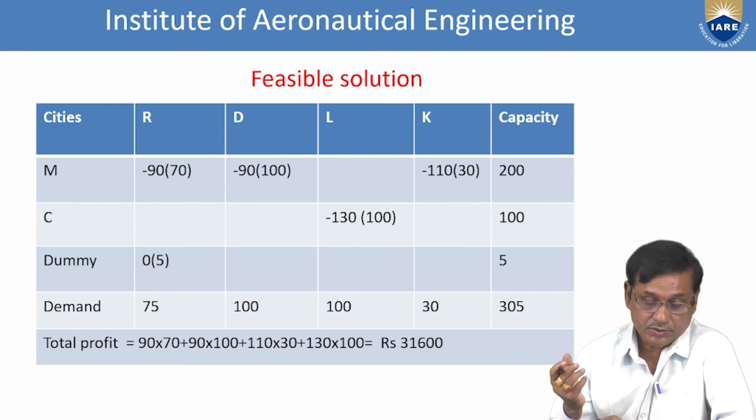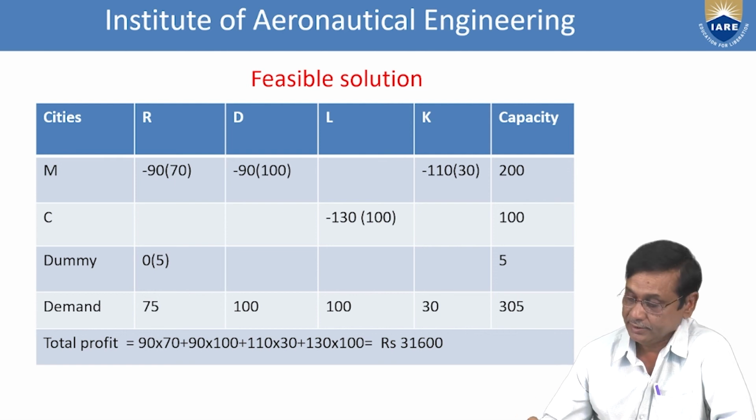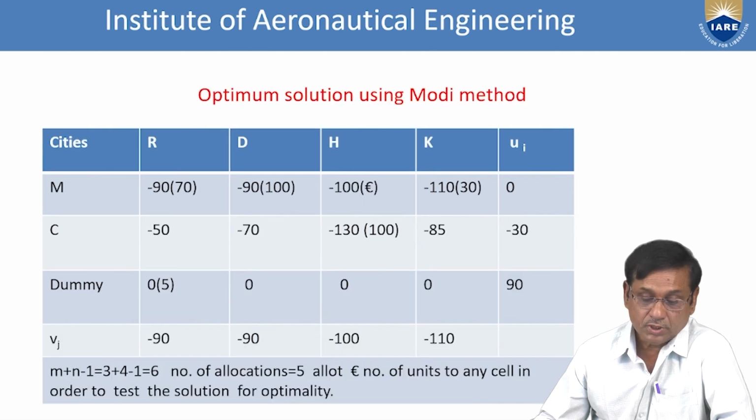Now we have to check whether it is the optimum solution or not. The total cost corresponding to the initial feasible solution is 31,600. Now we have to find out the optimum solution using the MODI method.